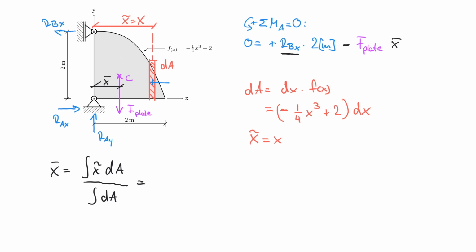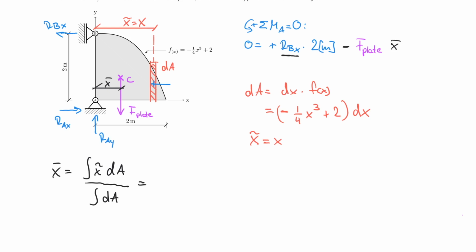Now all I have to do is grab my components from here and here. So my x tilde is x. So I'm going to use the red color for that. Or actually, let's change colors here for a second, so it's easier to follow.